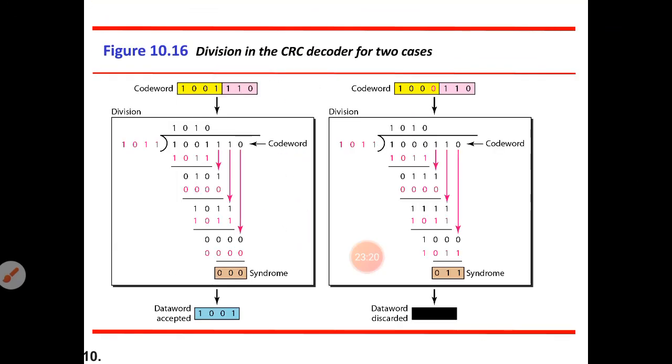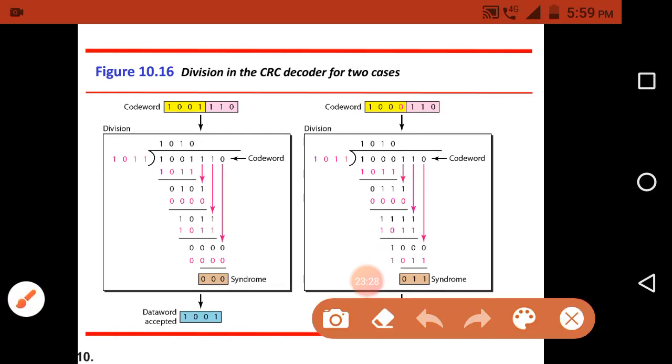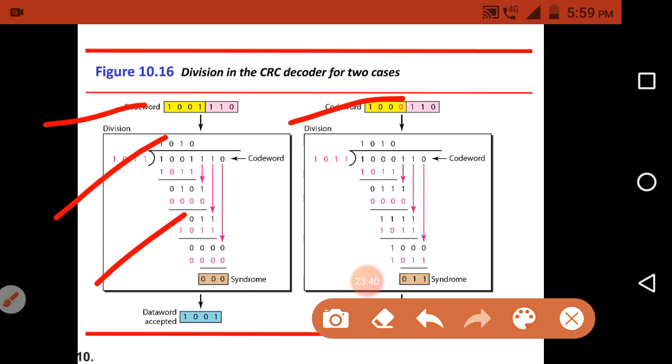At the receiver side there are two possibilities. One is that the receiver has received the same code word. The other is that some bits have been corrupted at the time of transmission. At the receiver side we also perform the same division operation, but whatever remainder we get, we consider as the syndrome, which is also 3 bits.